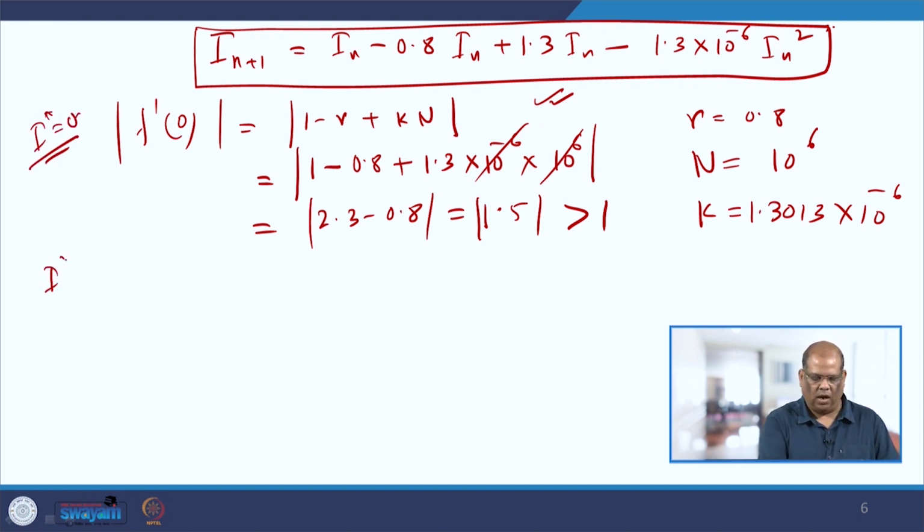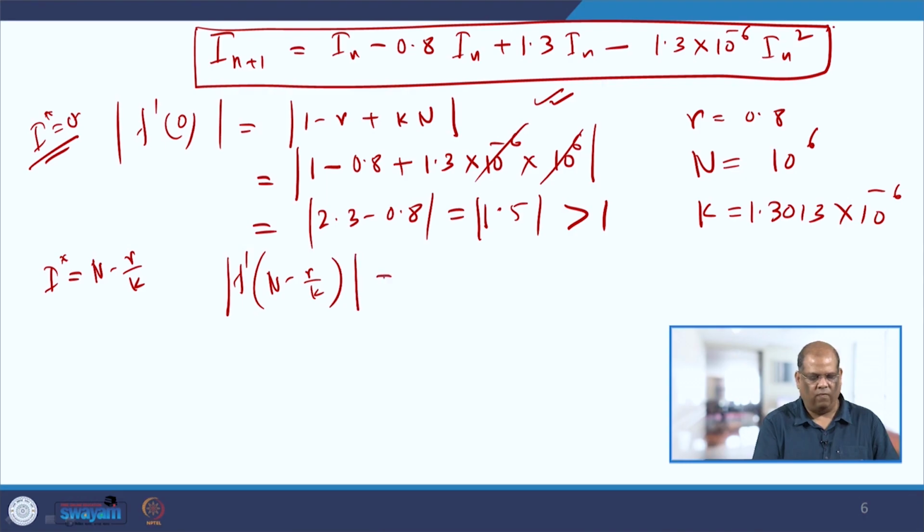For I star equal to n minus r by k, I have f dash of n minus r by k, and that value we got to be mod of r plus 1 minus kn.